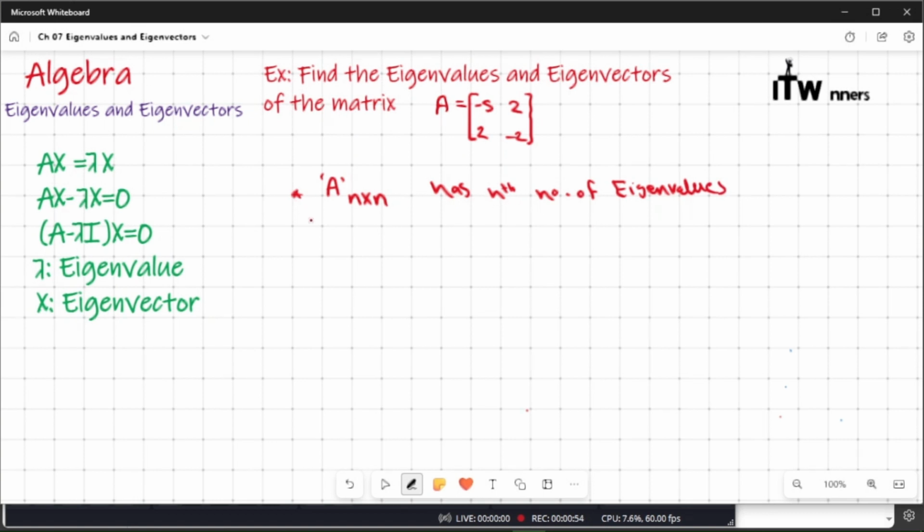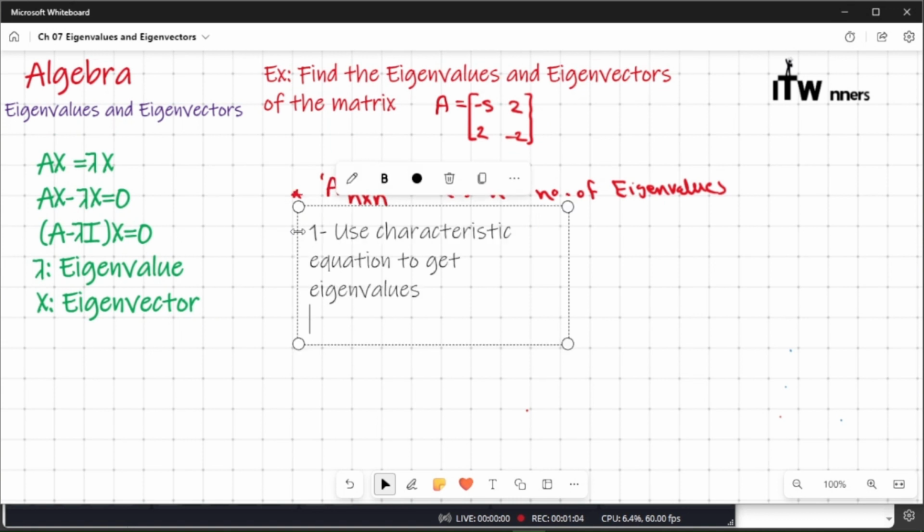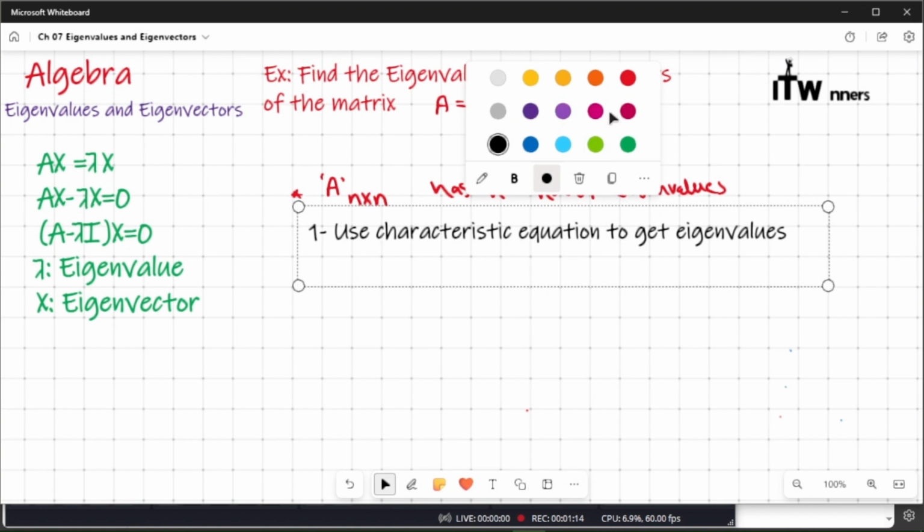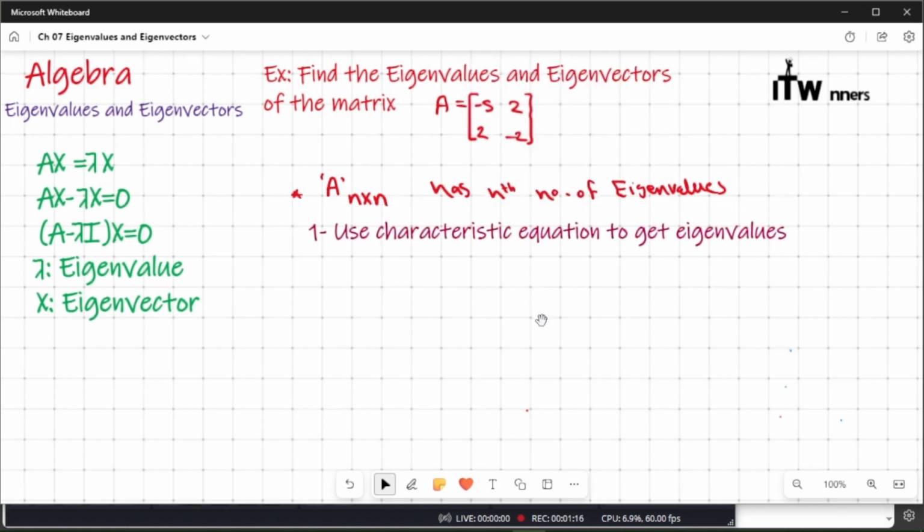For the steps of our solution, the first step is to use the characteristic equation to get eigenvalues.